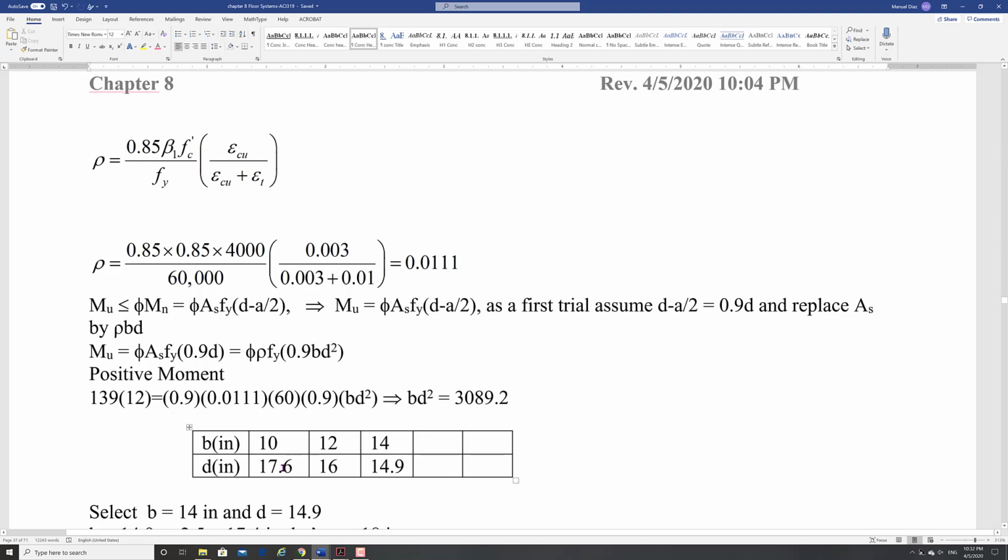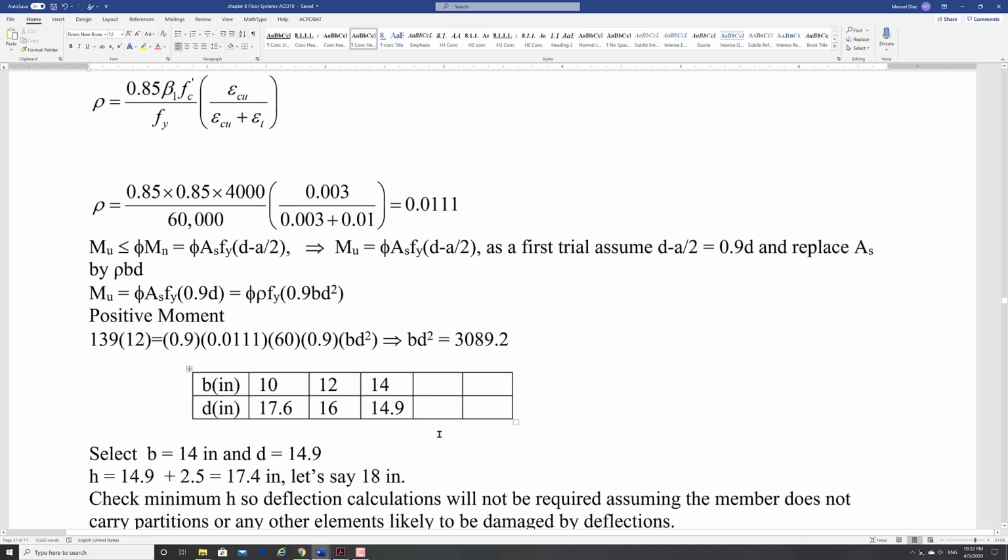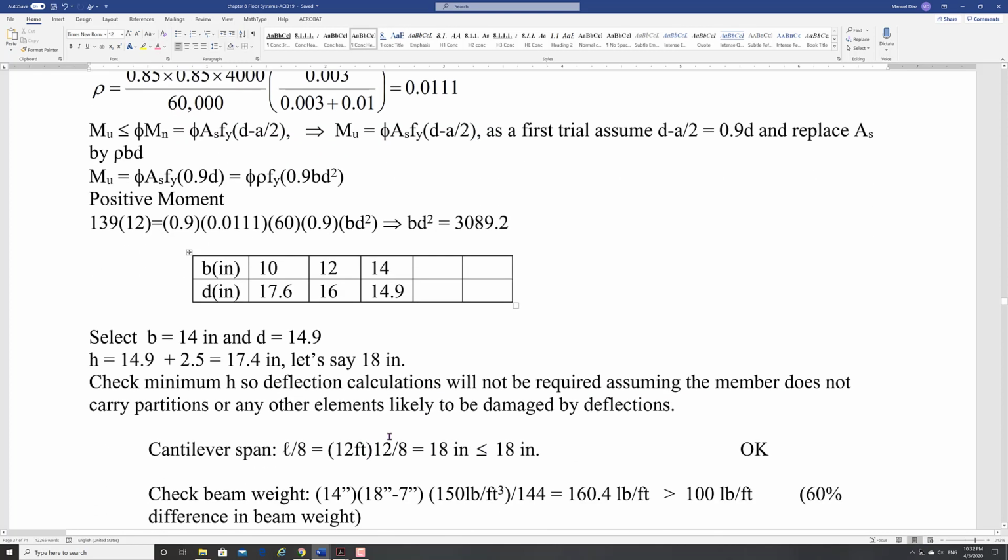You can have a b of 17 with 17.6, a b of 12 with 16, or a b of 14 with 14.9. Just to have enough space, I'm going to pick 14 and then 14.9. So I add my 2.5, 17.4, and make it 18. Okay, so notice that I don't have exactly a 1.5 ratio or anything like that. So these are just reference values.